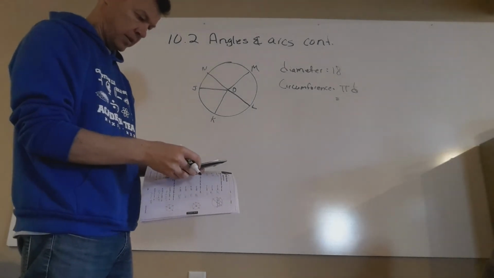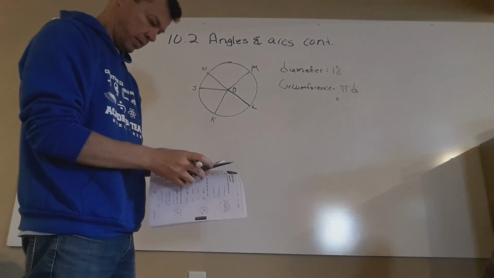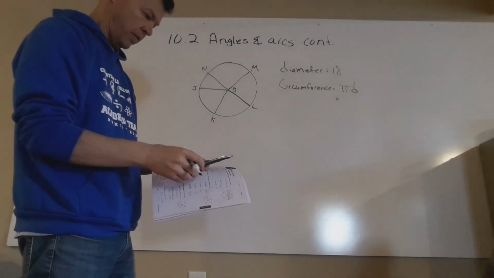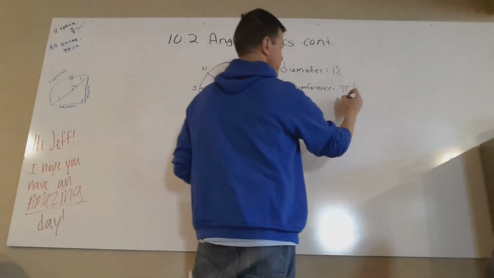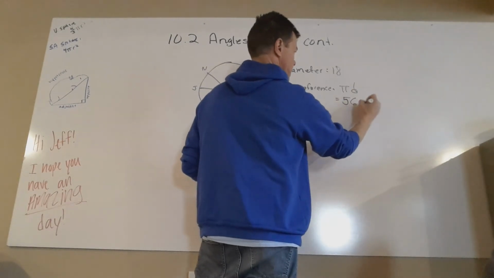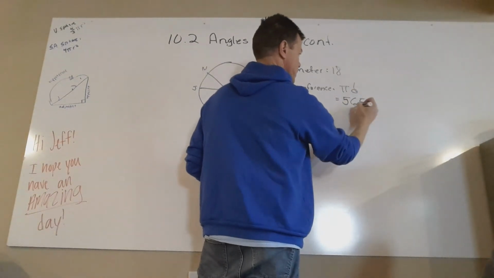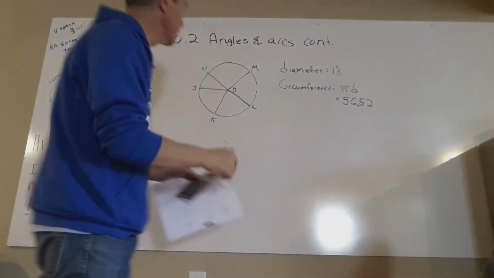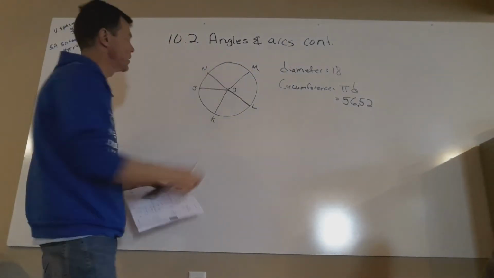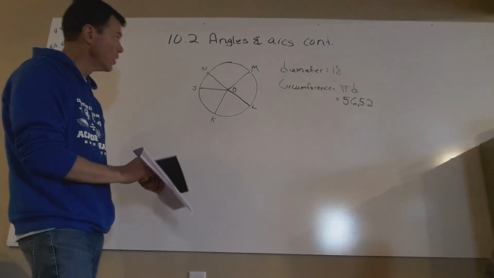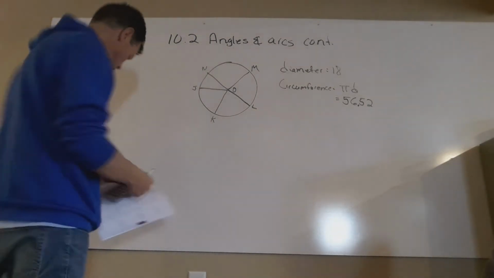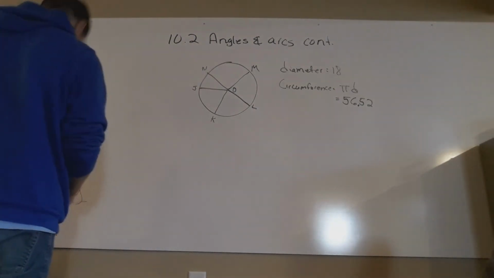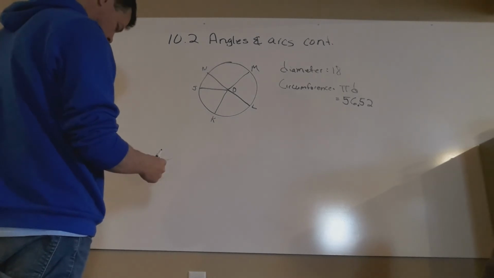Not quite 60. 56.52. 56.52 is the circumference going all the way around, and we can figure out what each one of the arc lengths are if we know what angle measures are.